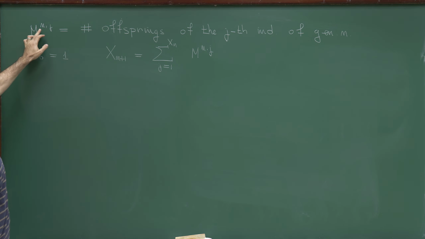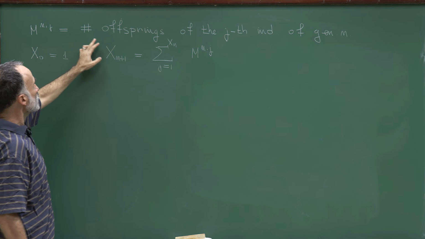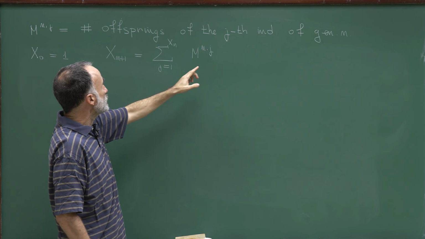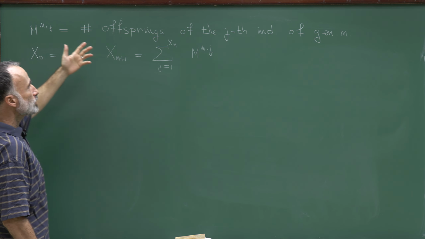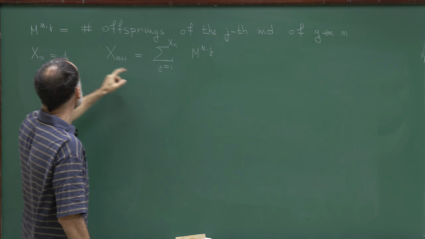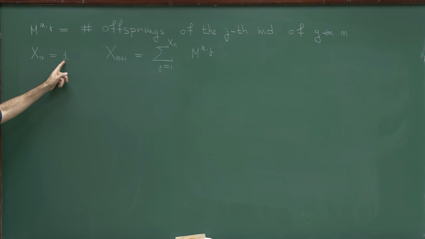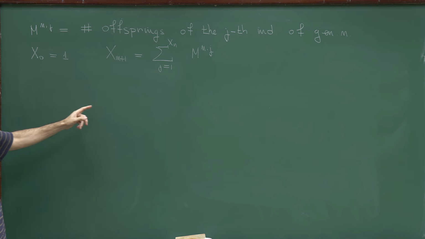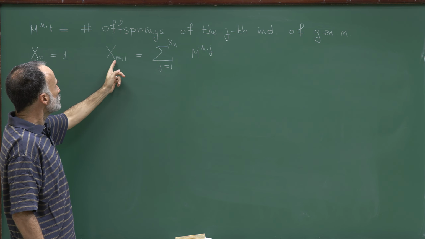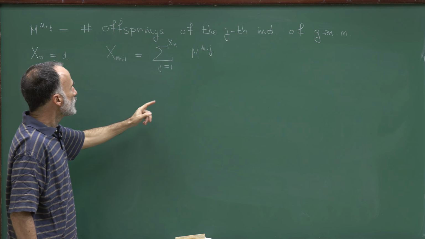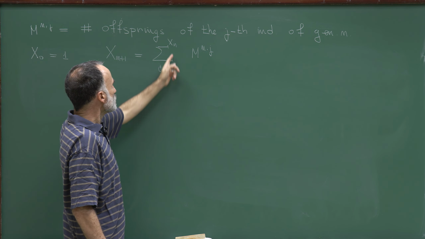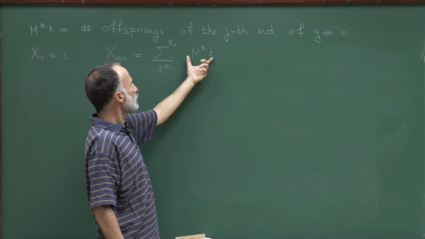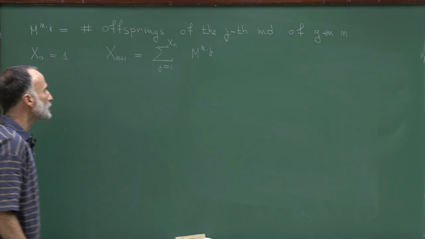Remember, m_{n,j} is the number of offsprings of the jth individual of generation n. We start with one individual at generation 0, and the total number of individuals at generation n+1 is just the sum over all individuals of generation n of the number of offsprings of each individual.